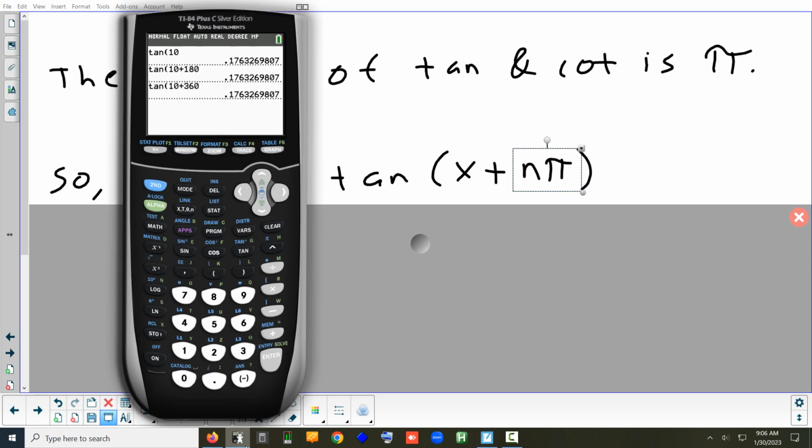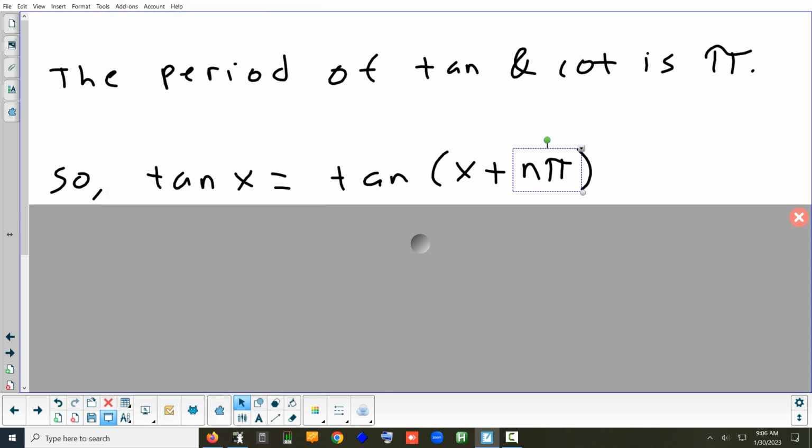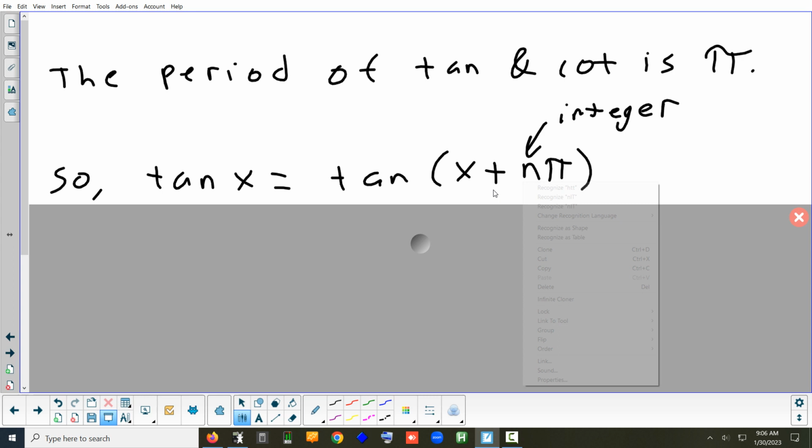And if you say, well, what about subtraction? Yep, you could also subtract and go one cycle earlier. And if you're wondering, well, why didn't I write plus or minus here then? Because n is an integer. So if I wanted to represent subtracting a multiple of pi, just let n be -1.